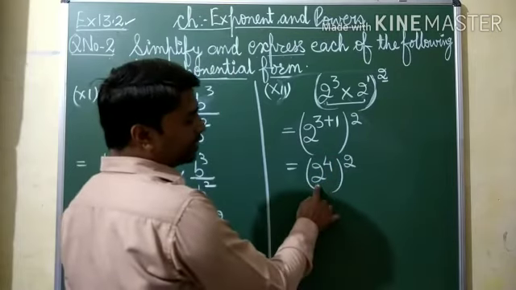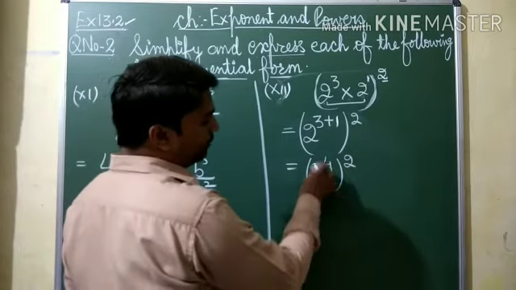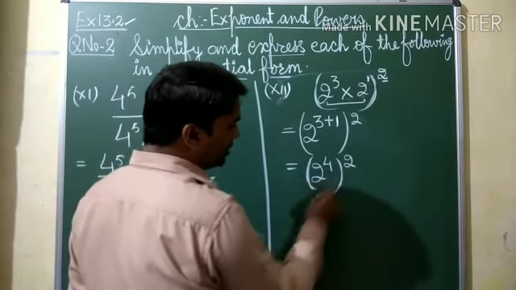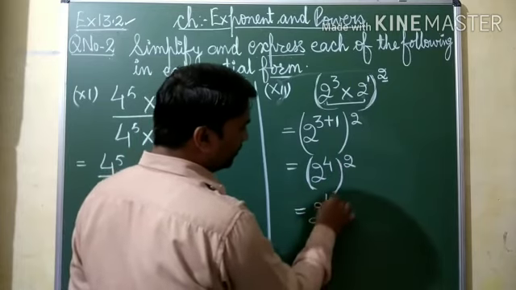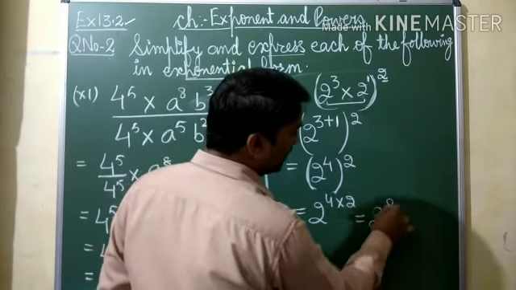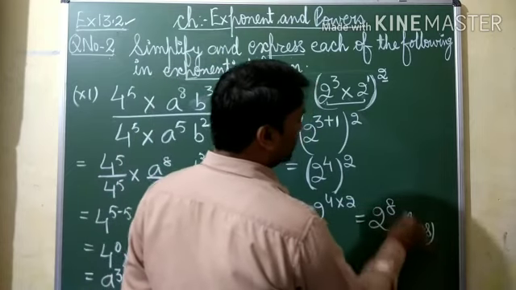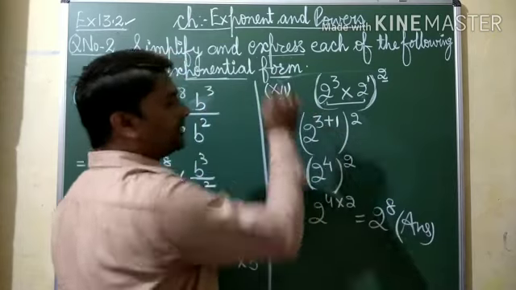Now this is the case of taking power of a power. So we get 2 raised to 4 times 2, which is equal to 2 raised to 8. Therefore 2 raised to 8 is the required exponential form of the given expression.